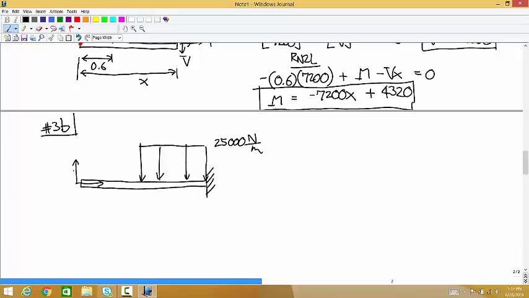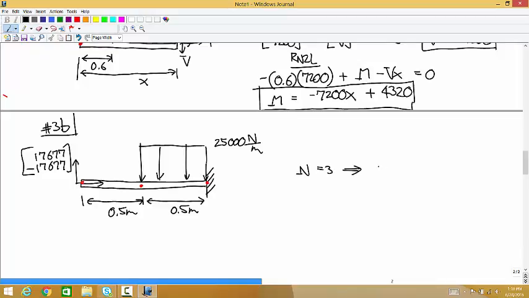If you calculate those components, you get 17,677, negative 17,677. And this distance is 0.5, and this is 0.5. The subfunctions change at the two endpoints, and then the distributed load changes in the middle, so n is equal to 3, which means we have 2 cuts.